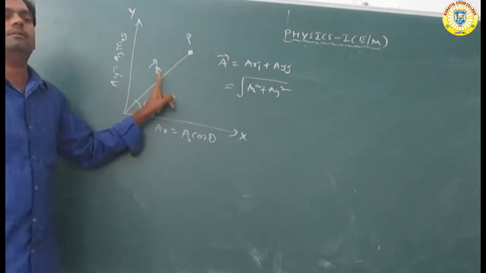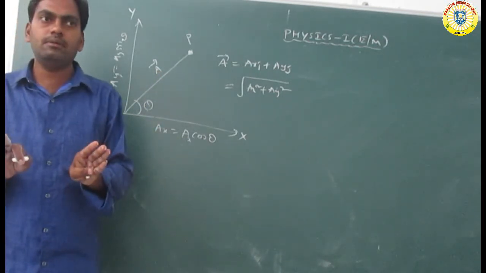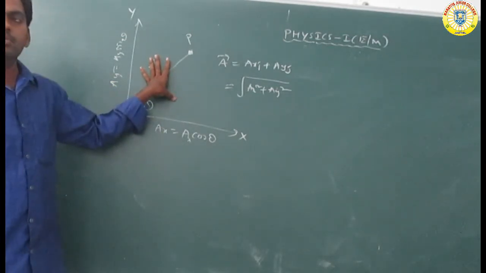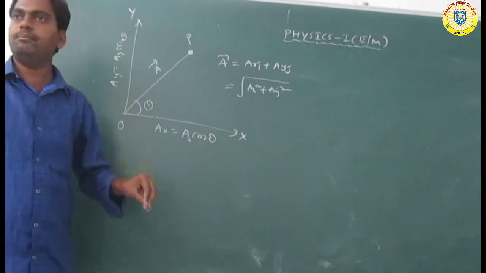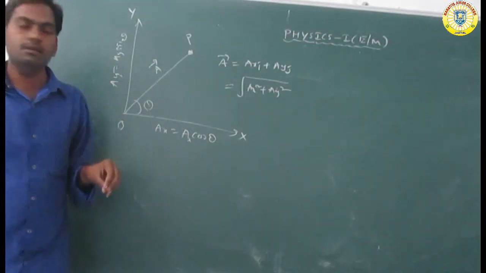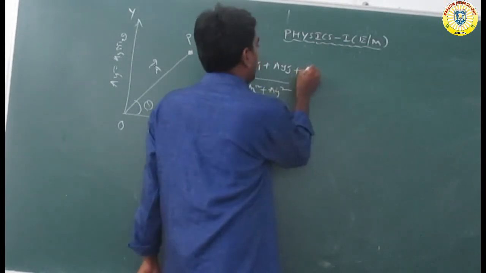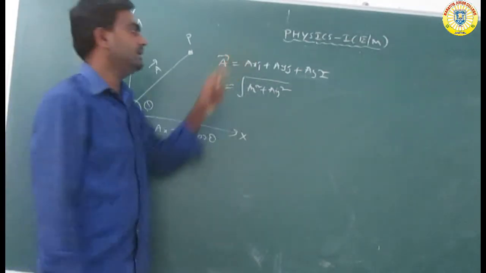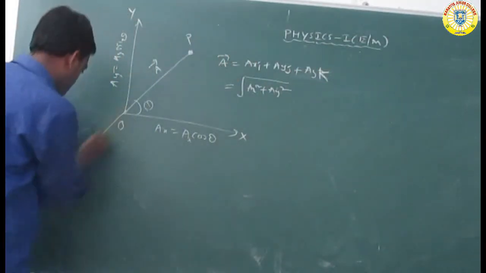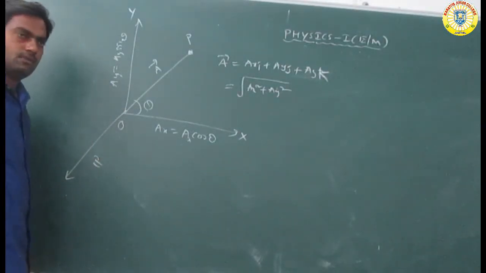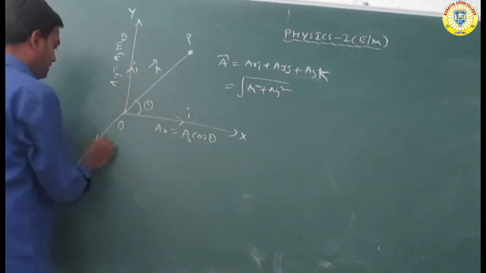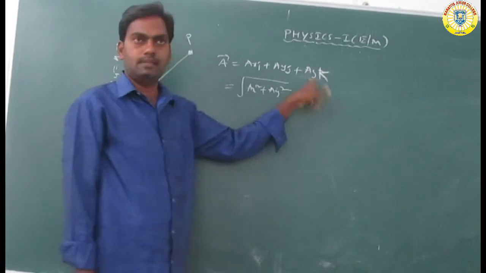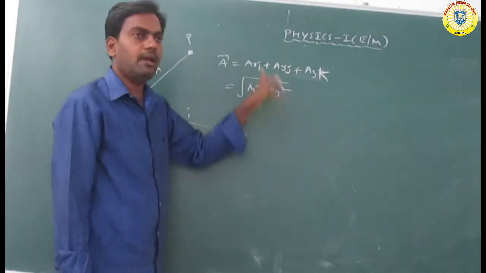So now the vector is taken in the xy plane. If the x, y, z space is taken, that is 3-dimensional, then it is represented as Axi plus Ayj plus Azk, with z as the z-axis. So i, j, k in a 3D space, and the magnitude is the square root of Ax square plus Ay square plus Az square.